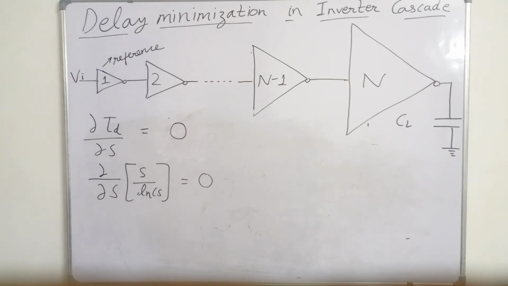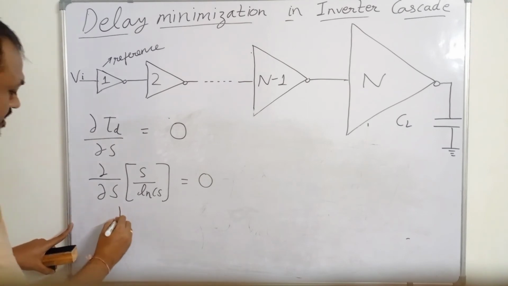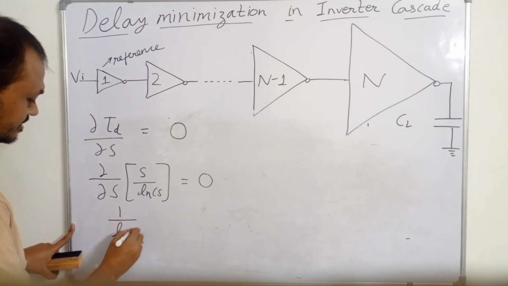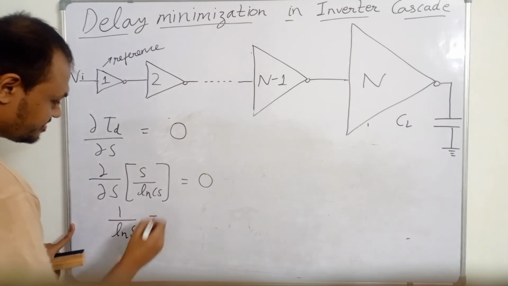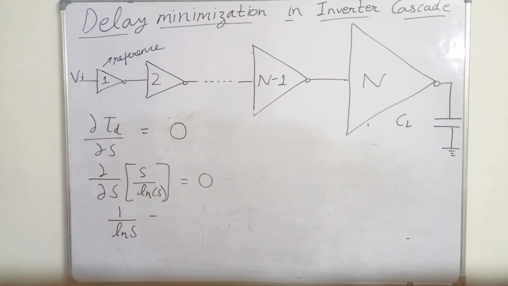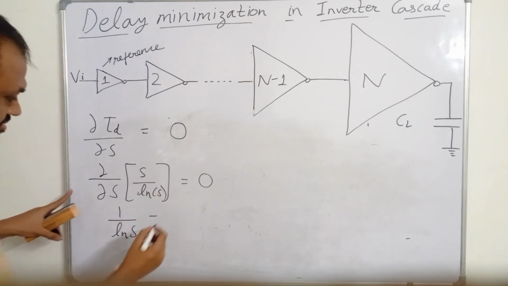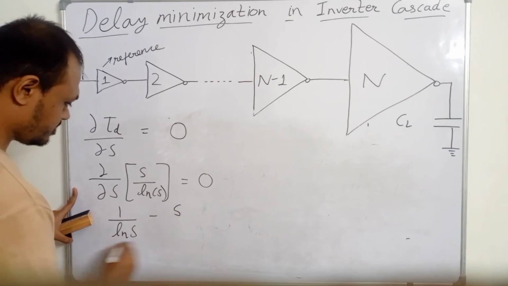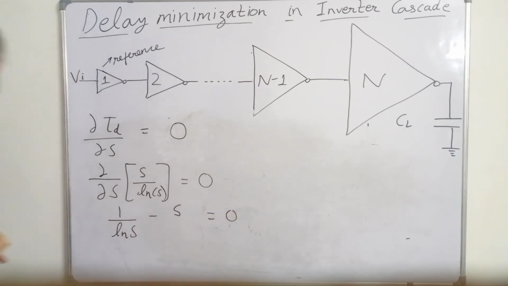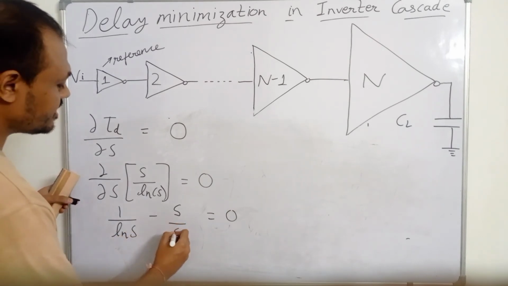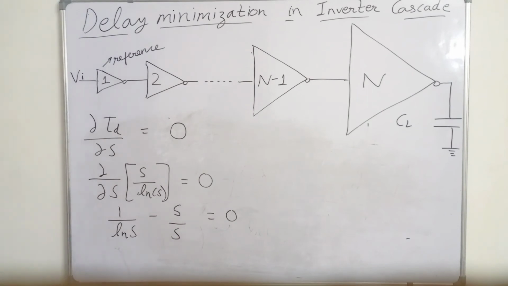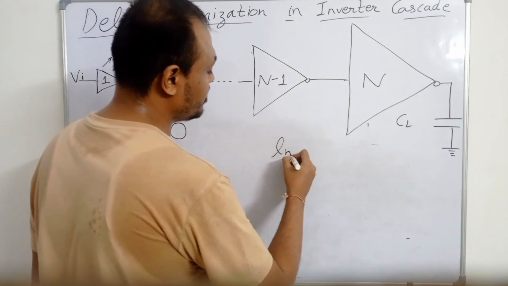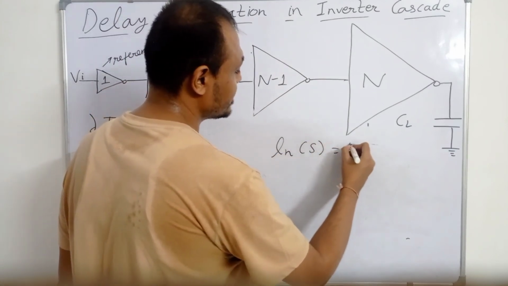What we get is 1 upon ln of S minus 1 upon ln of S squared times S... minus S upon S equal to 0. So we get ln of S equal to 1, natural logarithm of S equal to 1.